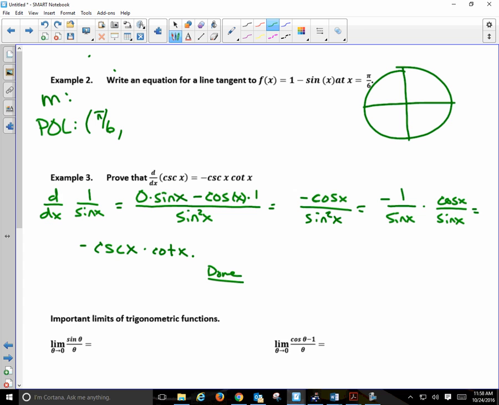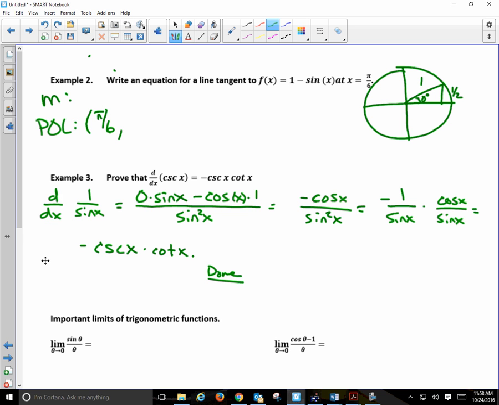Pi over 6 is how many degrees? 30 degrees. You multiply by 180 over pi. So I have 30 degrees. And what is always the radius of the unit circle? 1. That's why it's called the unit circle. What is the opposite side of 30 degrees? Half.